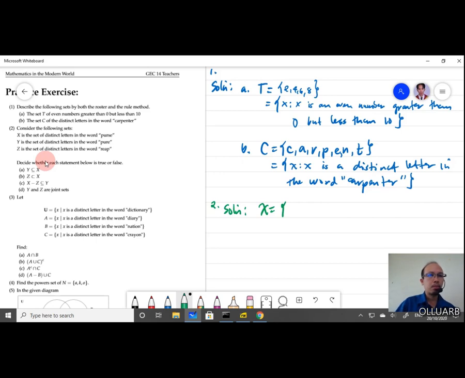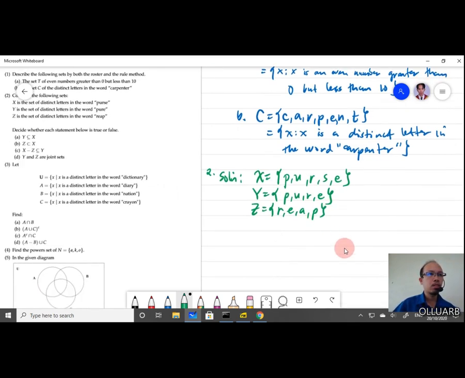X is P, U, R, S, E; Y is B, U, R, E; Z is R, E, A, P. I think in all sets X, Y, and Z, there are no repeated letters.